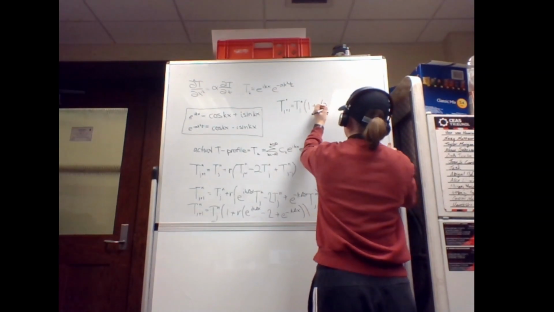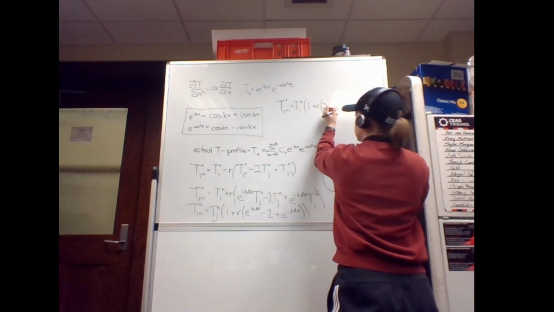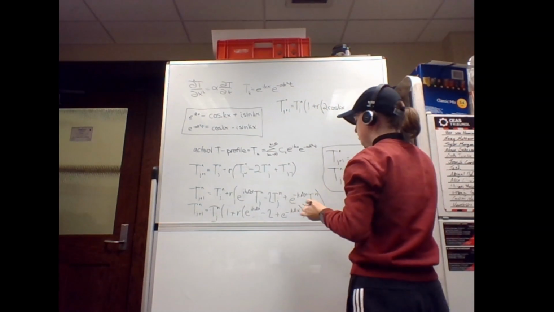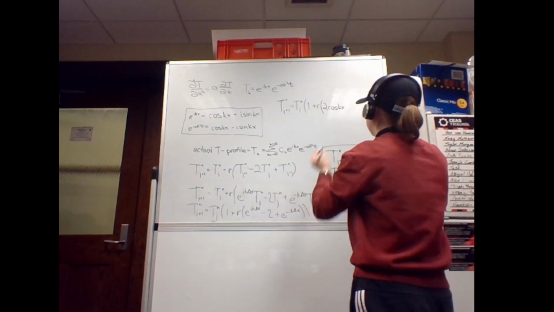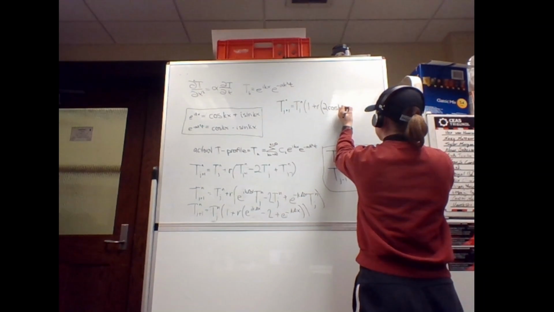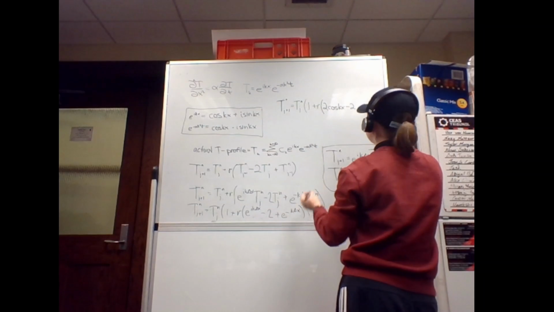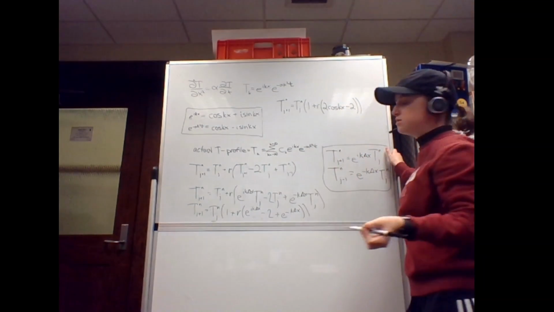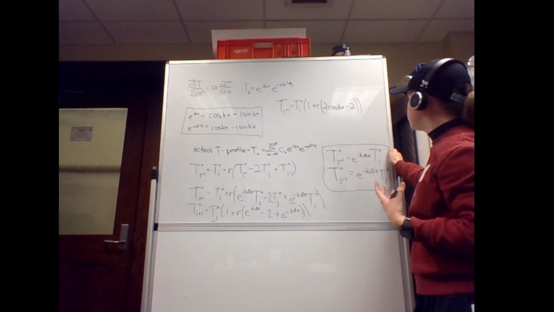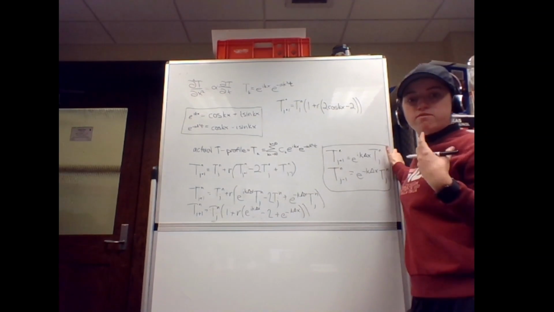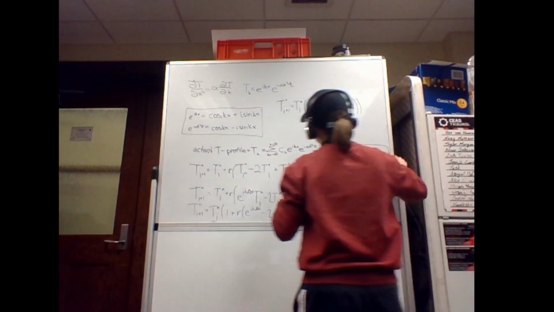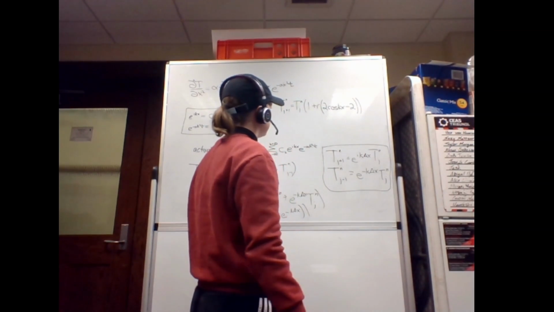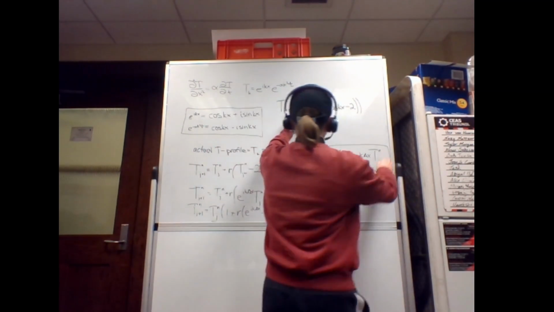It's going to be 2 cosine kΔx, and the sines are going to cancel out. And then we're going to subtract 2 from all this. And then that simplifies down to there. And now we see something that can happen. So now we have limits. We know that at a certain point, we're trying to find that whole one-half situation.